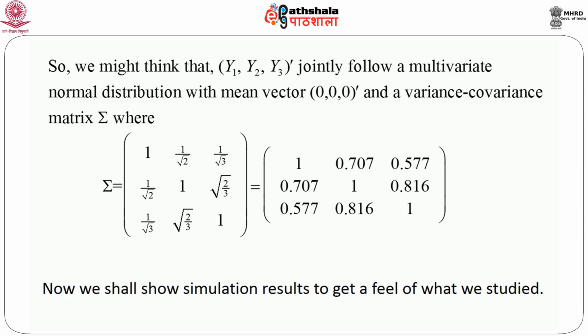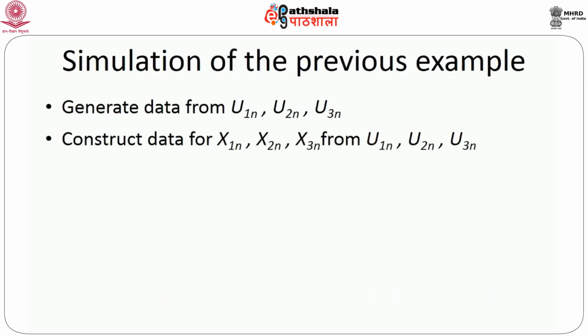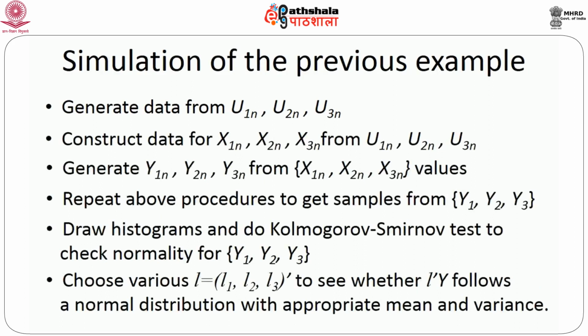So, now we shall show the simulation results to get a feel of what we have studied till now. But before that, the simulation plan goes like this. First, we generate data from u1n, u2n and u3n, then construct data for x1n, x2n, x3n from u1n, u2n, u3n by considering their relationship. Now, generate y1n, y2n, y3n from x1n, x2n, x3n values.